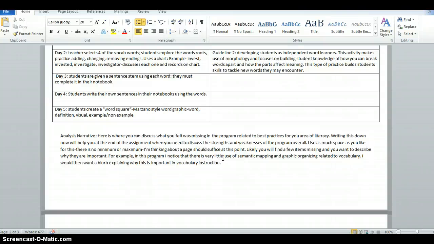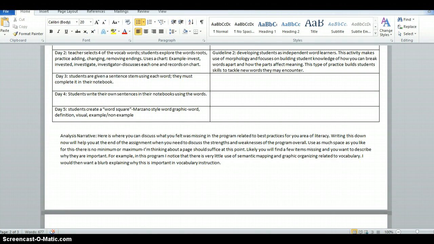So just be focused, but also look a little bit broad. You don't have to write down 70 practices related to vocabulary, but you should include enough so that the reader, me, or anybody else looking at it would really get a sense of how this program tackles vocabulary instruction.